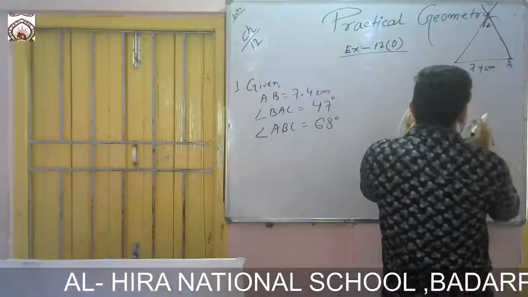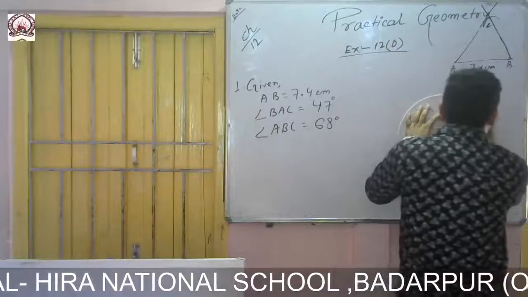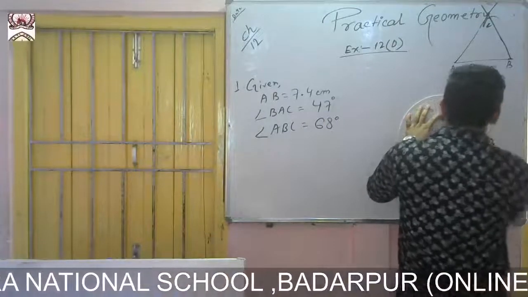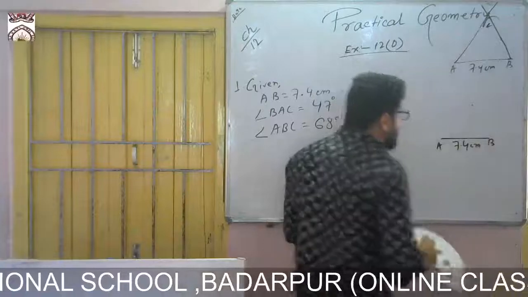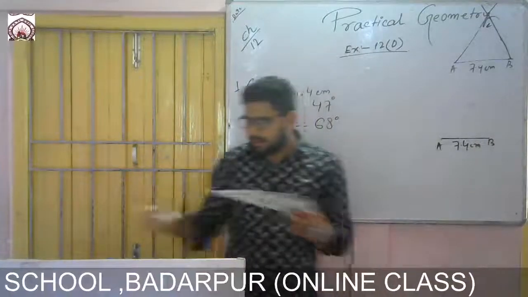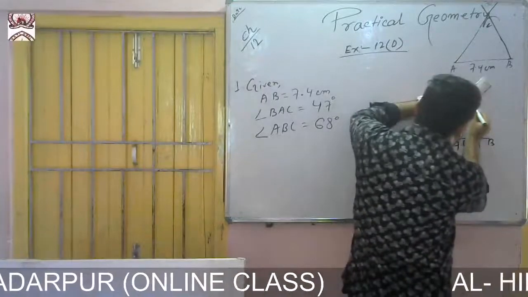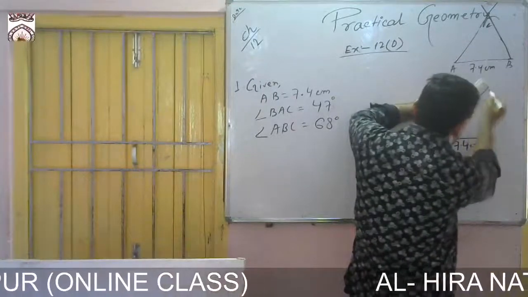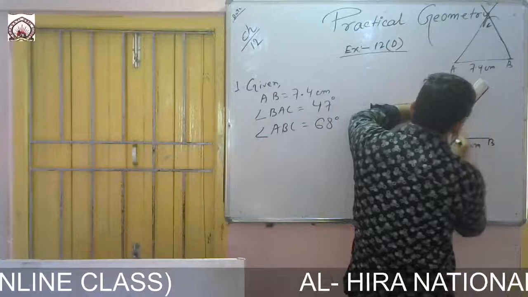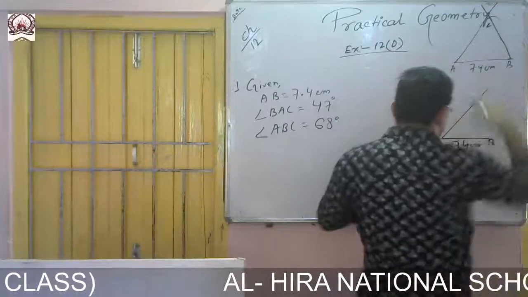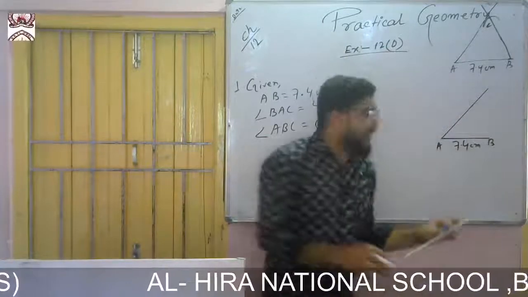So 0, 10, 20, 30, 40, 45, 46, 47. It is somewhere like this. Then with your ruler, you just join this line and make the arm of the angle quite long.